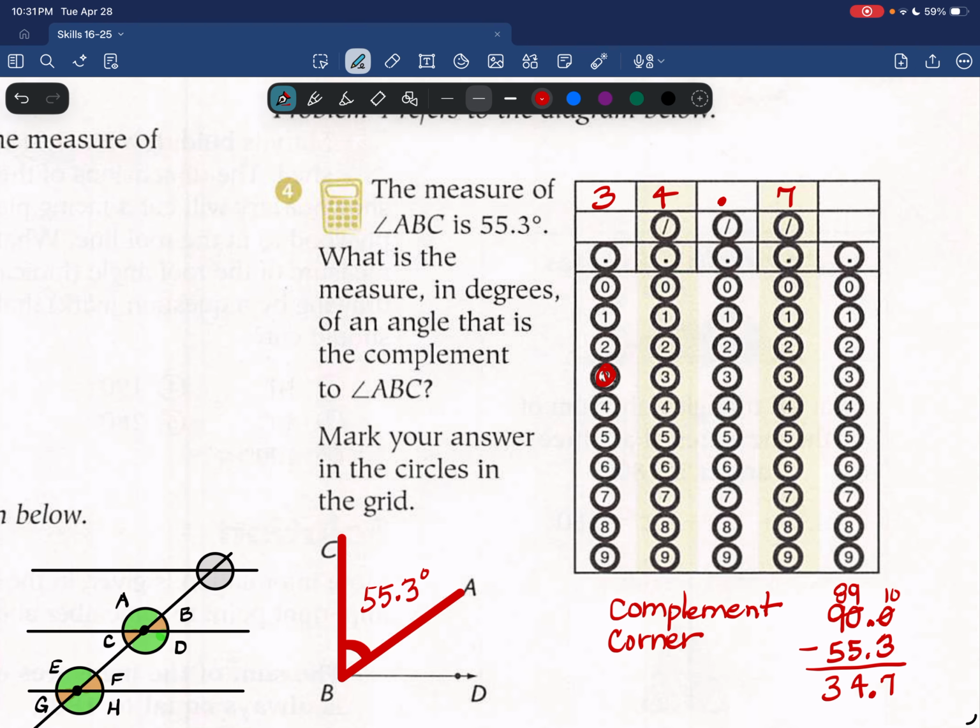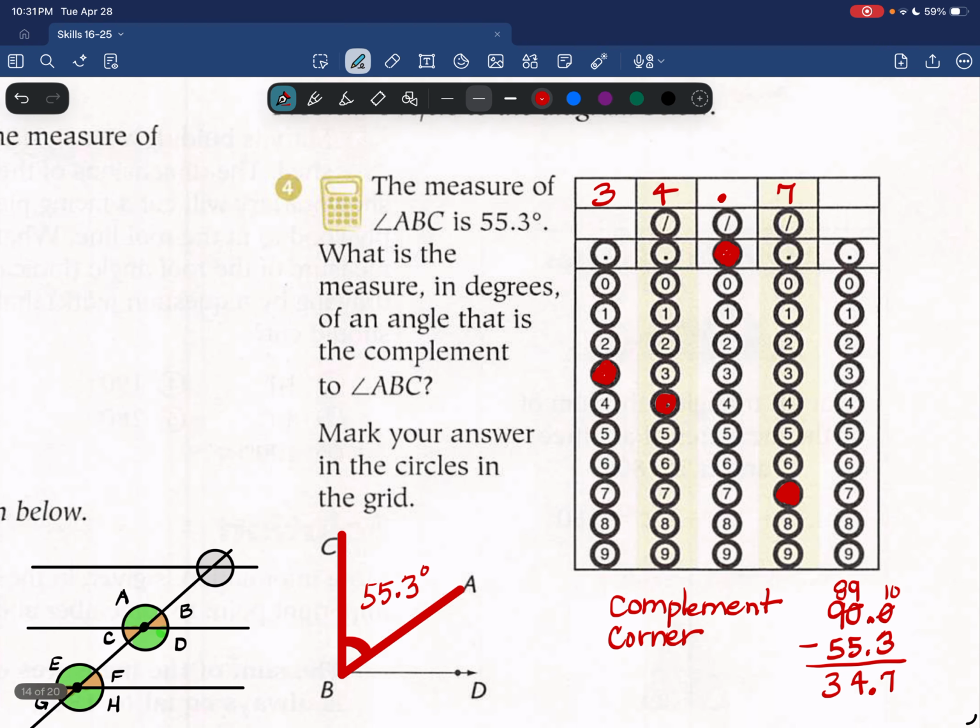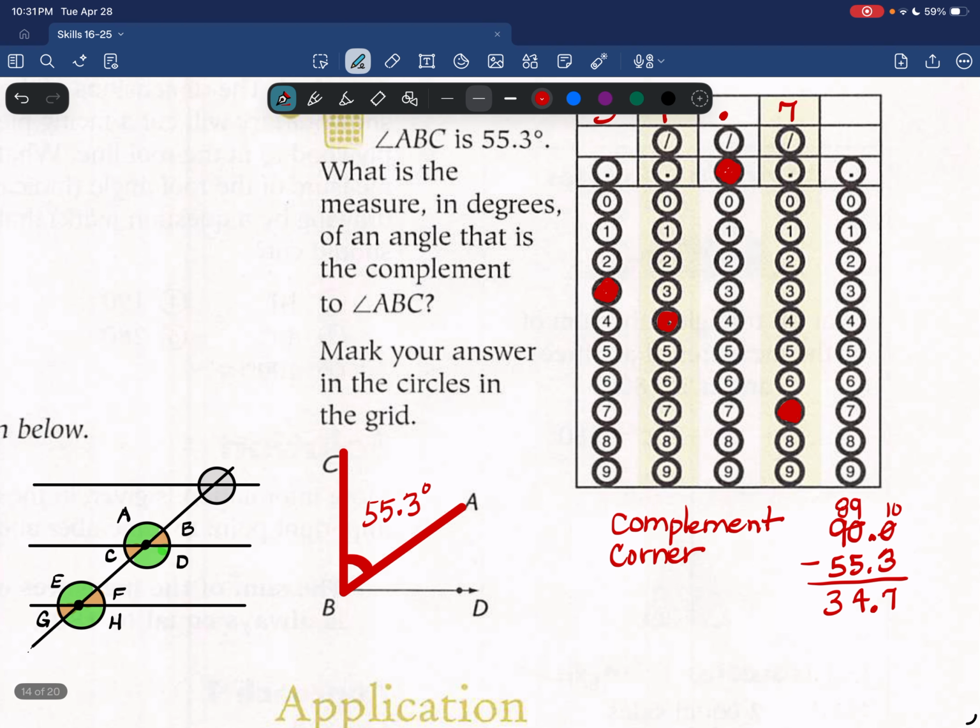So 34. Don't lose your decimal or you have 347. That is the complement of 55.3. But if you don't know what complement means, that's going to be a tough one to answer. That means that this one would be 34.7.